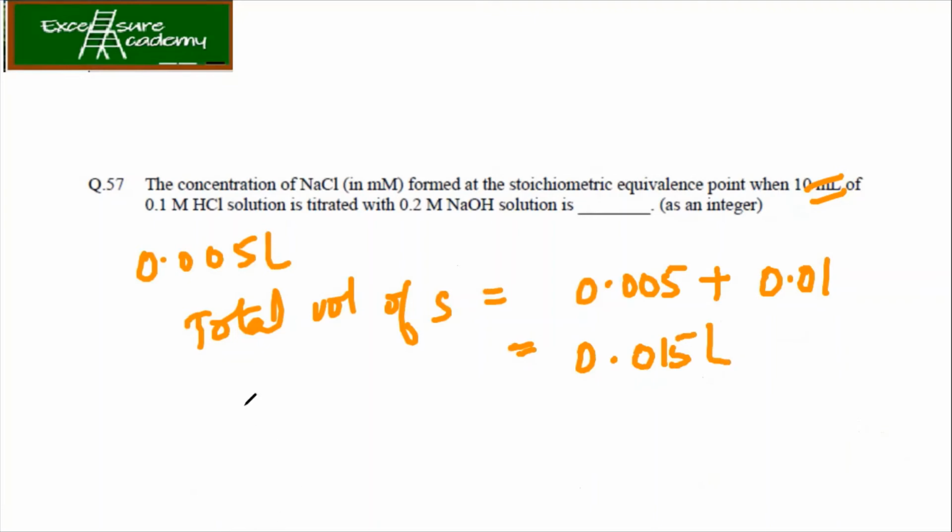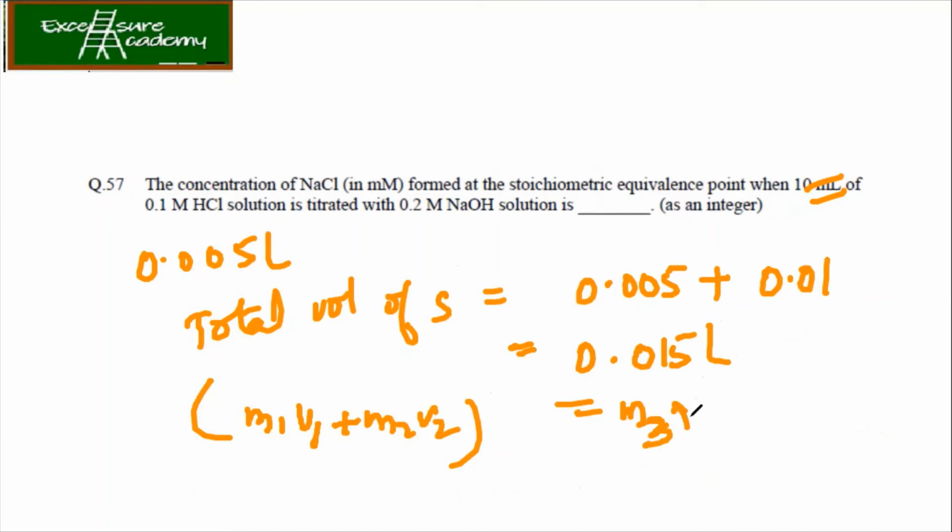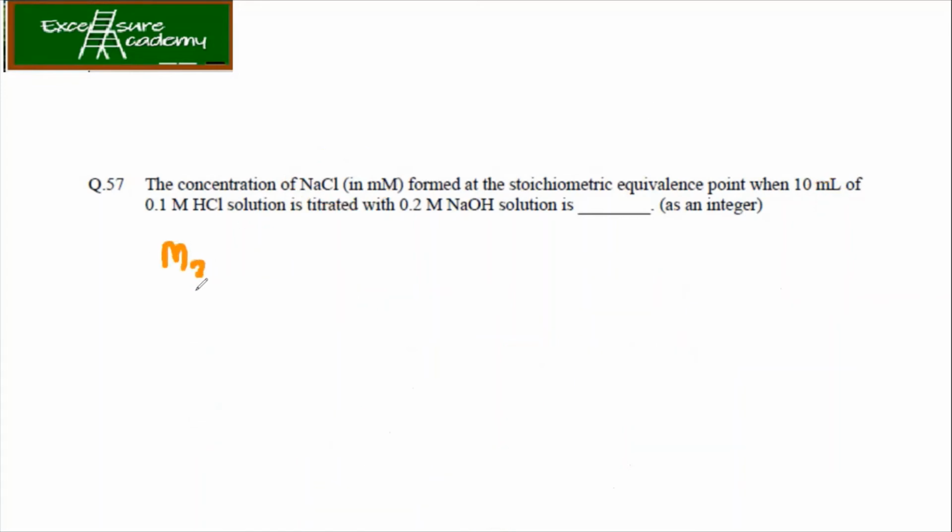Now using the formula M1 V1 plus M2 V2 is equal to M3 V3. They're asking for the concentration of NaCl, so M3 is equal to M1 V1 plus M2 V2 by V3.